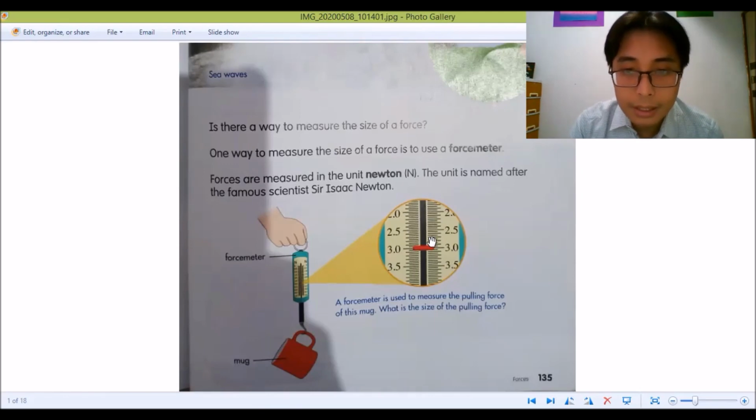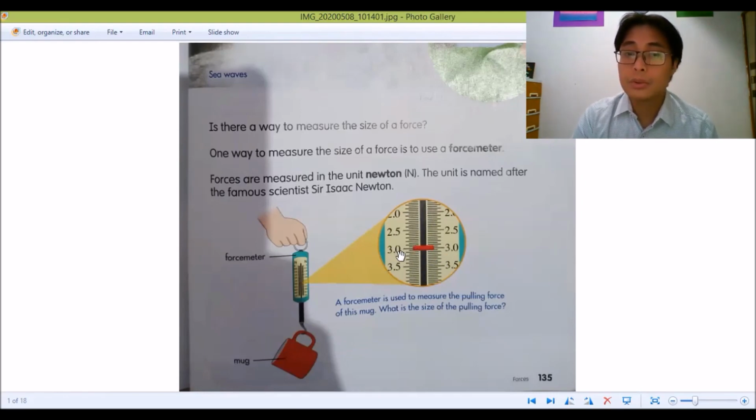We can see that it touches the measurement line. The pulling force of this mug is 3 Newton. We're going to read it as 3 Newton. Is that clear?